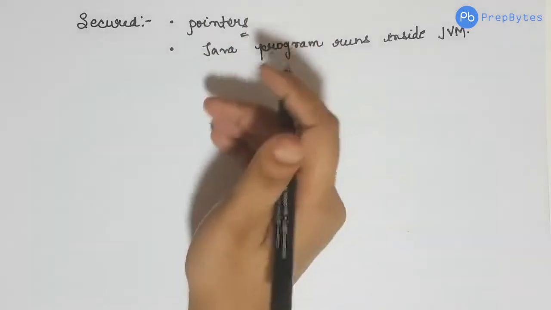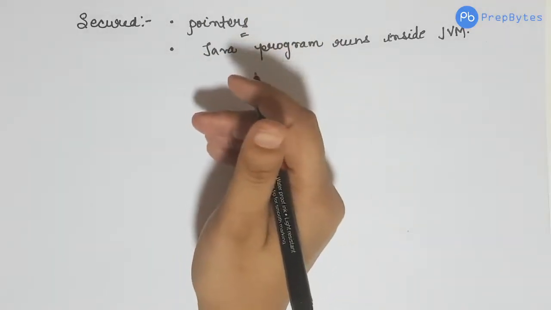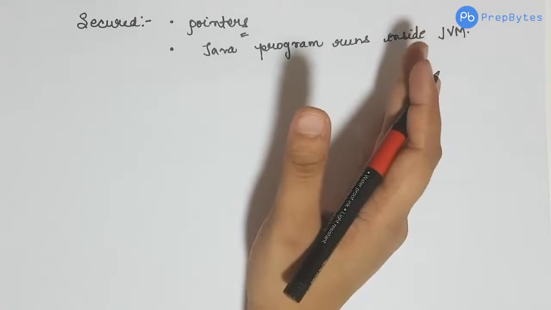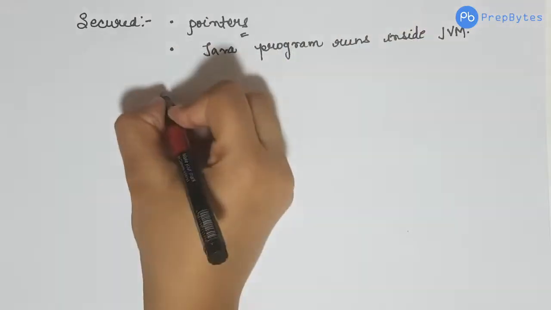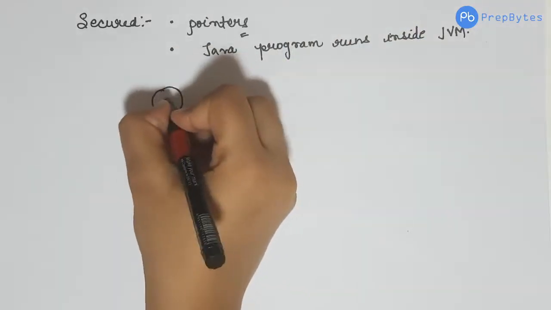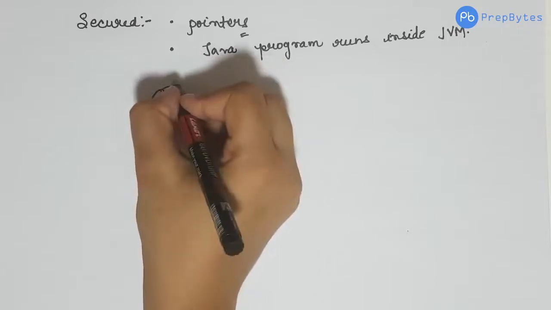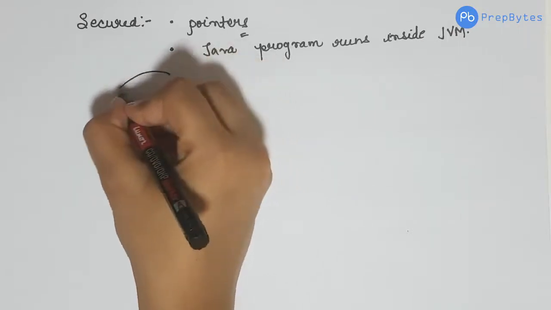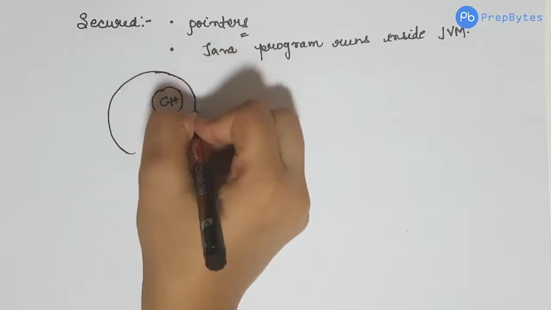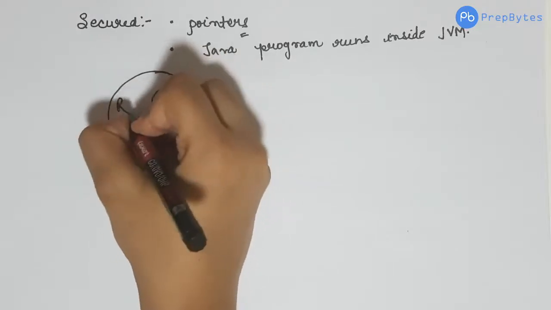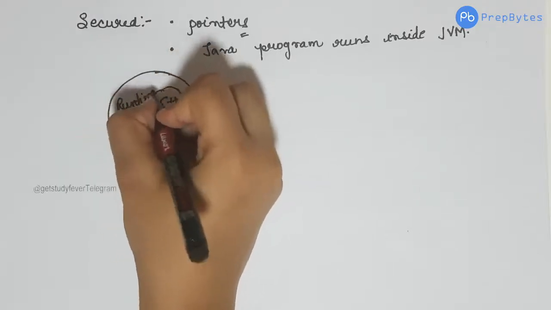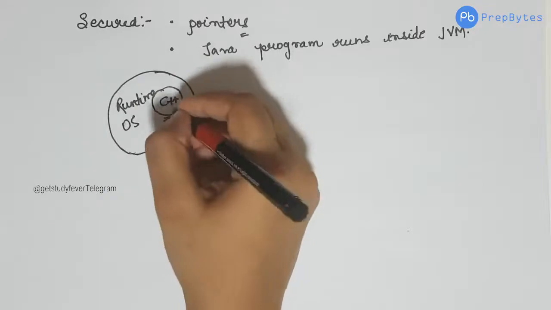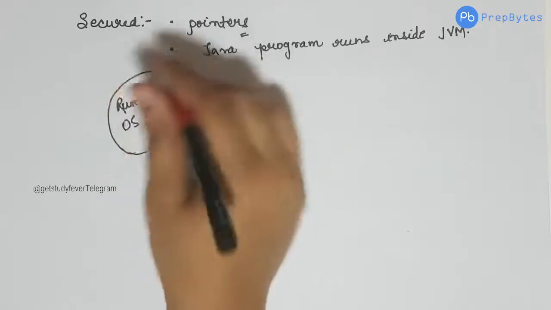Now let's see how a C++ program is run and how a Java program is run. Let's say this is a C or C++ program, and this is the runtime environment of our operating system, OS. So the C++ program runs in the runtime environment of the OS.